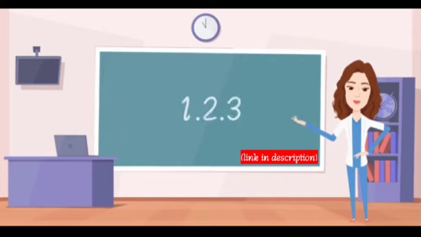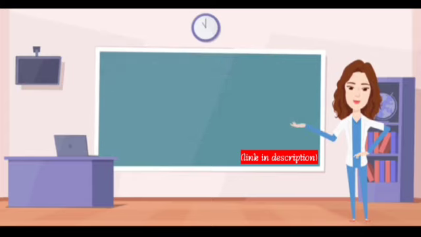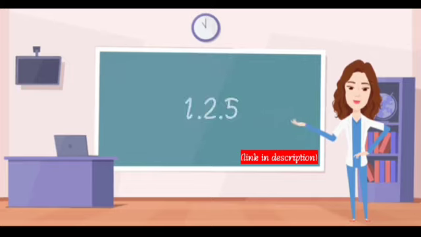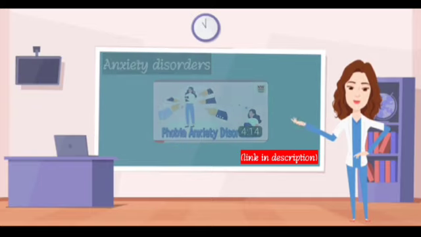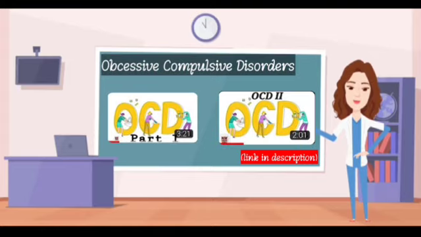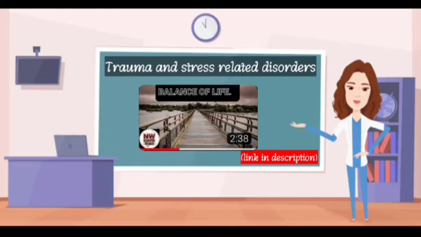Then there is 1.2.3, bipolar and related disorders. Then there is 1.2.4, that is depressive disorders. Then there is 1.2.5, anxiety disorders. 1.2.6, obsessive compulsive and related disorders. 1.2.7 is trauma and stressor related disorders.